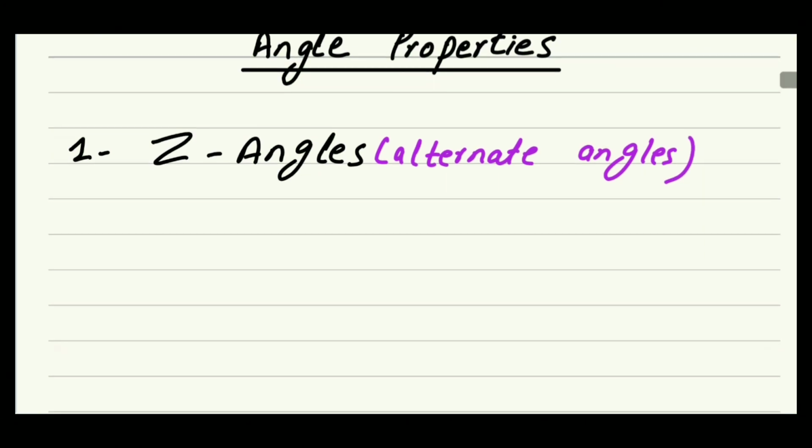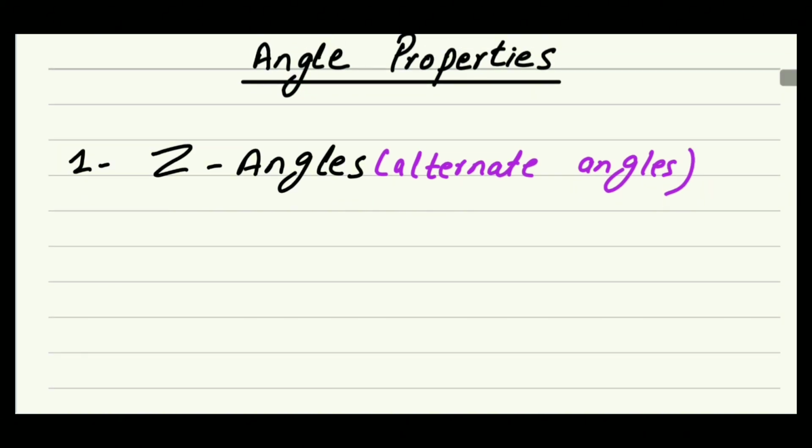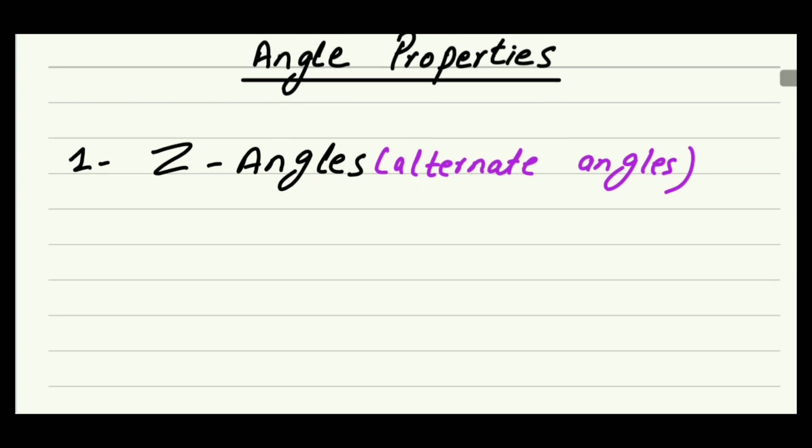Z angles are also called alternate angles. Actually, alternate angles make a Z shape. So let's discuss how.